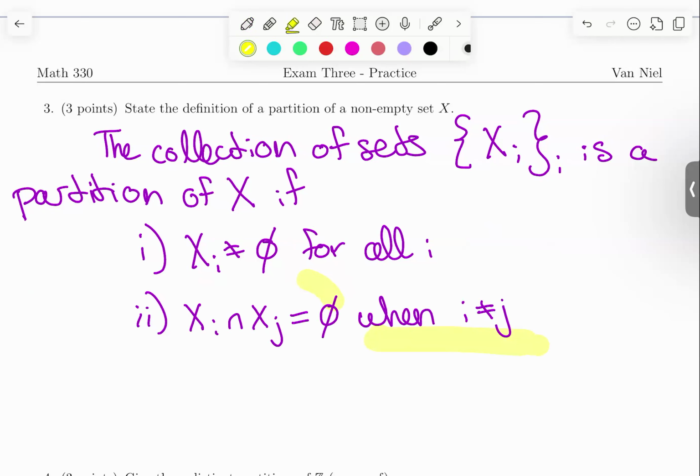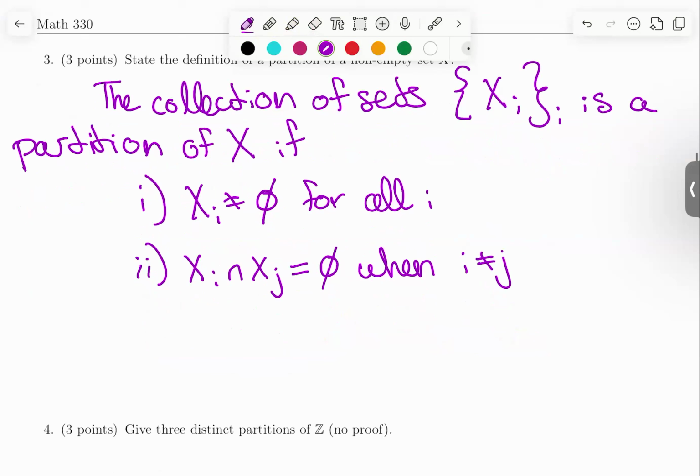If you just say this, well, that's not true when X sub i equals X sub j, right? When i equals j, then their intersection is X sub i. So that's an important piece to remember there. And then last but not least, the union over all i's of the X sub i's has to be the whole set.